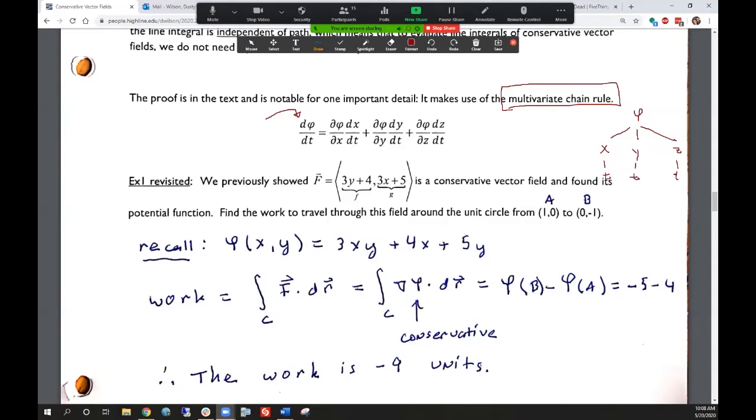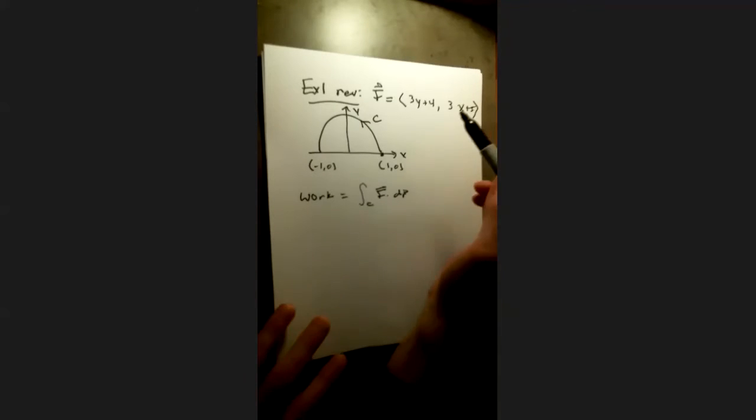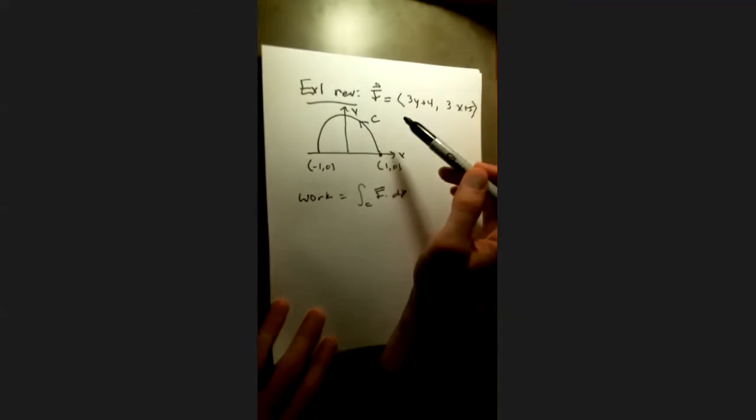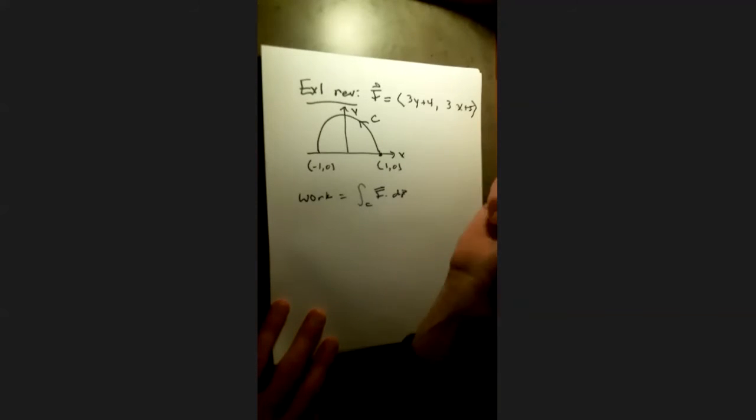So I'd like to look at example 1 again and revisit what we came up with. Let me switch over to the camera and work through it. Okay, so yesterday we showed that if we had this field big F equal to 3y plus 4, comma, 3x plus 5, this field was conservative.